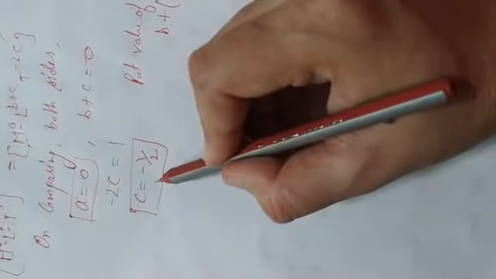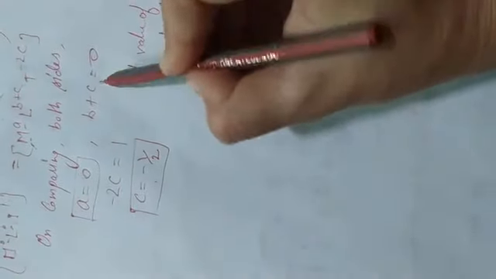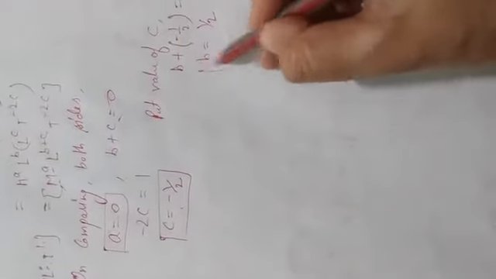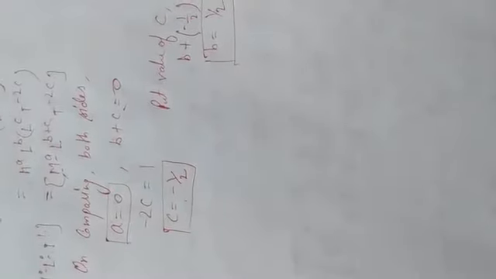After putting the value of c, then how can we find b? b plus 1 by 2 equal to 0. Put the value of c here in this equation. Now b will come out, then from here we can write b equal to minus 1 by 2. Clear to everyone? There came a, b, c, all three values.